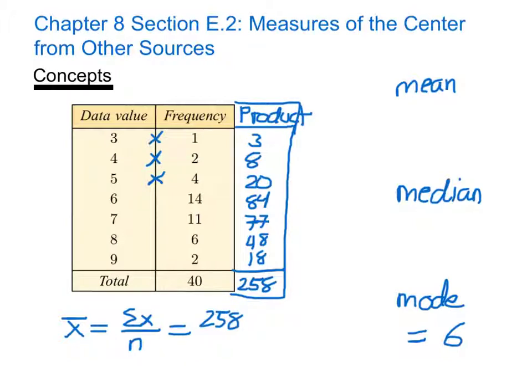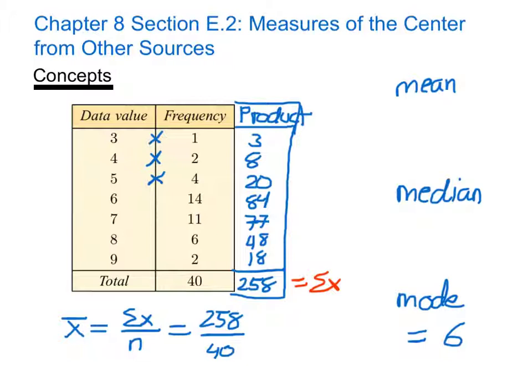So this number represents sigma x. Now all I need is the number of total values, and we may know that from the problem, or if we don't know this number, we can simply sum the frequency column. That gives me the total number of data points, which in this case is 40.